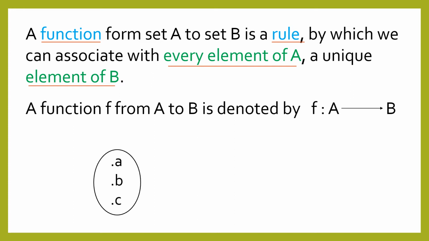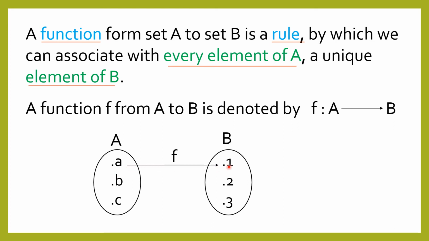Let us take sets A and B, where A has elements A, B, C and B has elements 1, 2, 3. Under the function f, suppose A is associated with element 1, element B is associated with element 1, and element C is associated with element 3.